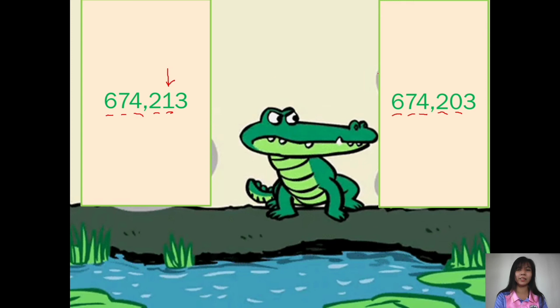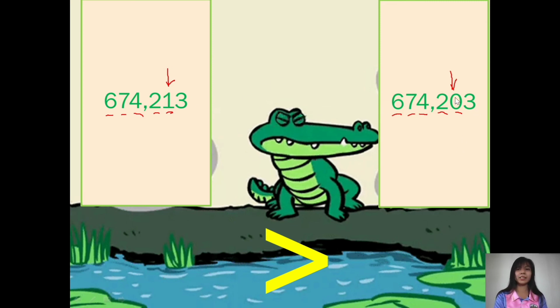We have 1 and 0. What do you think is the answer? Is it smaller than or greater than? It's greater than. The crocodile will open his mouth here because the 1 is greater than 0.